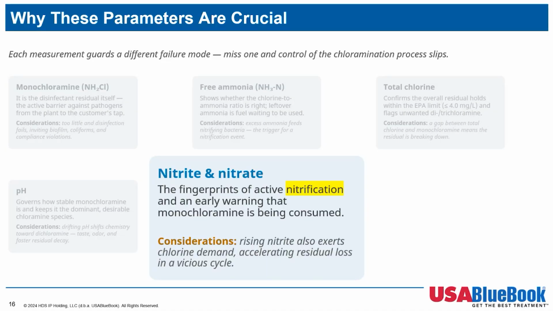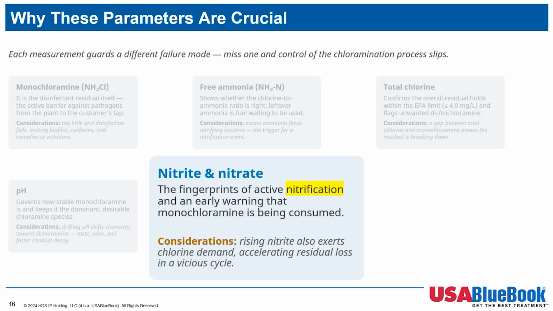Now, these two work differently from the others. Nitrite and nitrate aren't dials you turn. They're evidence, the fingerprints of nitrification already underway. Rising nitrite is one of the earliest things you'll see, and it exerts chlorine demand of its own. So the residual loss feeds on itself.